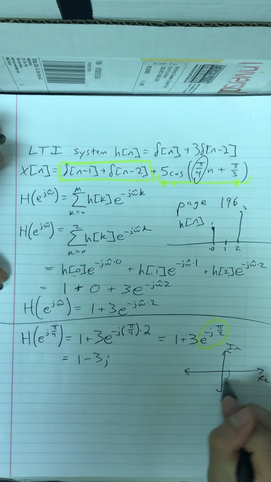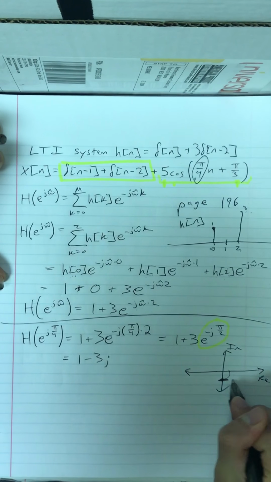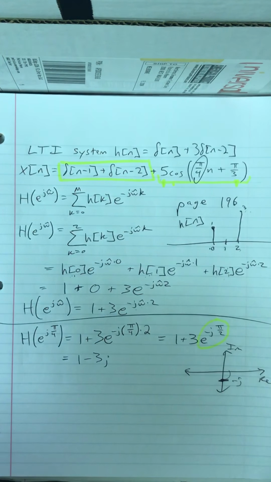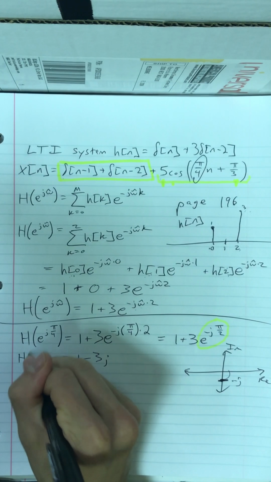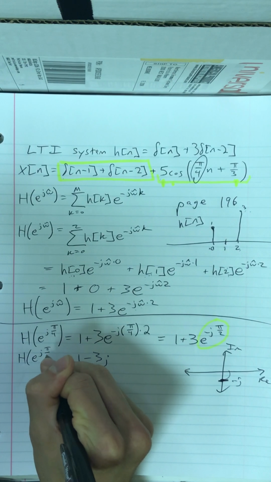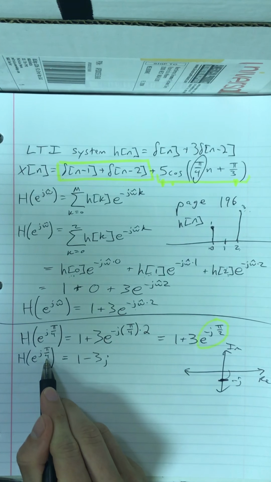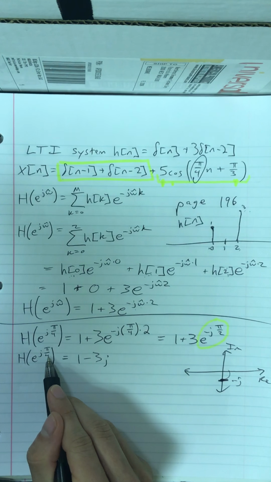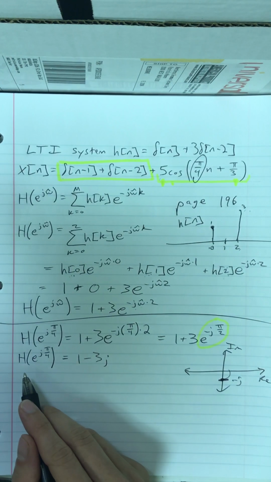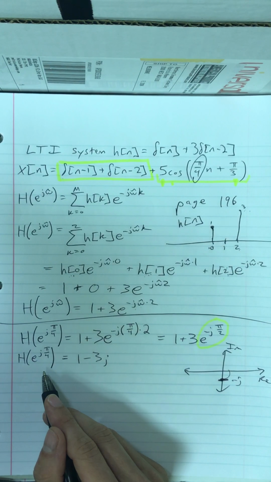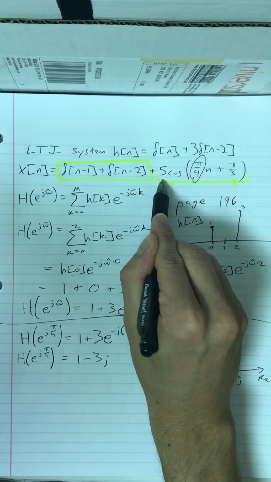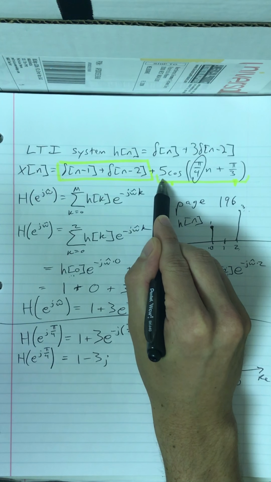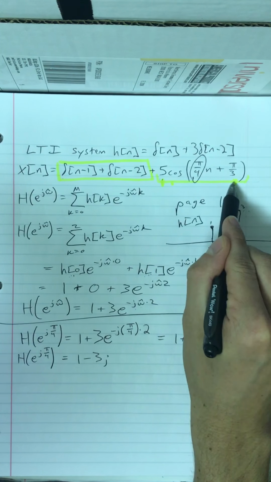Okay, if you go on negative pi over 2, well, you're going to get a negative j. So, here is the frequency response evaluated at pi over 4. So let's get the magnitude response evaluated at pi over 4 and the phase response evaluated at pi over 4. And that'll tell us how the magnitude or the amplitude and phase change.